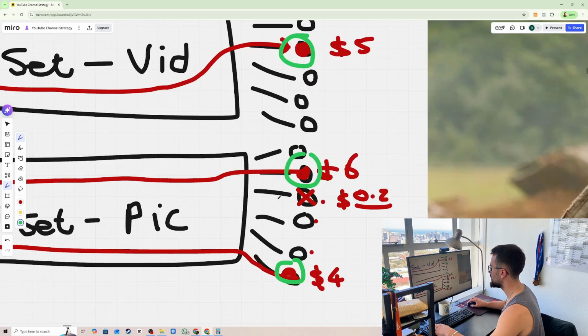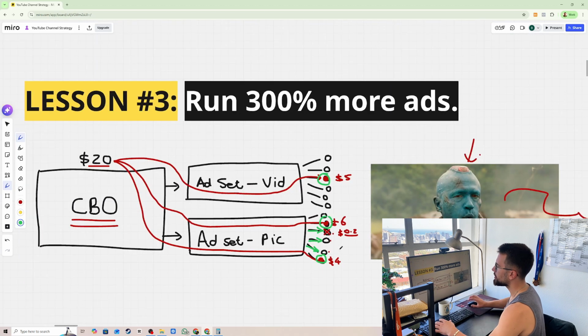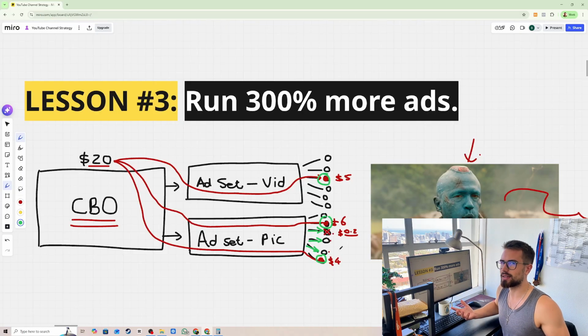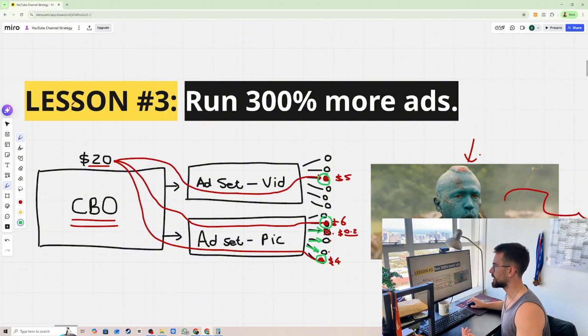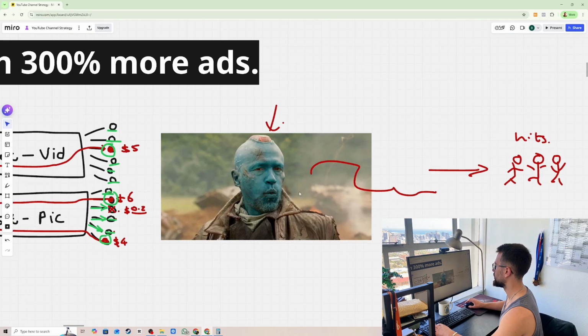So you might be saying, but Ben, now I've just wasted those ads. Yeah, but that's what happens when you test ads. Some are going to be really good and they're going to get you $5, $6, $4 cost per lead. And then you're getting 5 leads a day with your $20 budget. And then all of these other ones aren't going to get spent because they're not any good. Okay. So that's the best way that I can describe how this works.